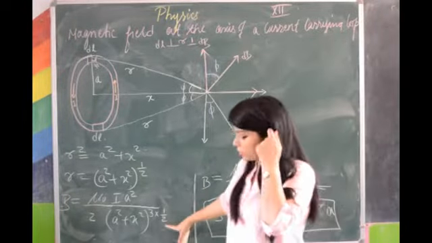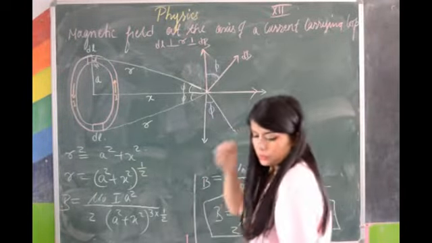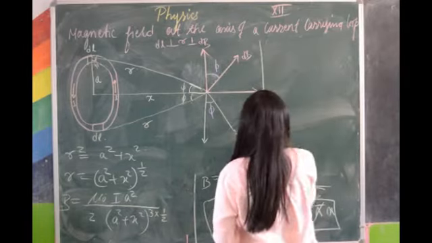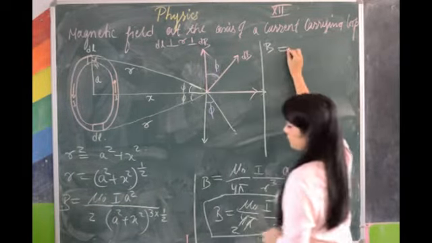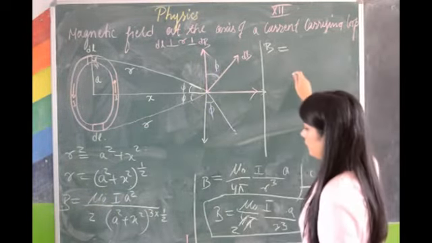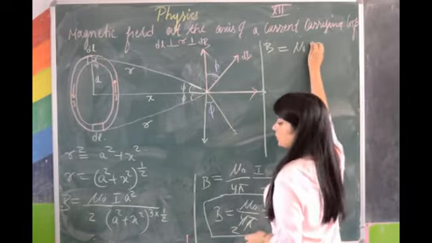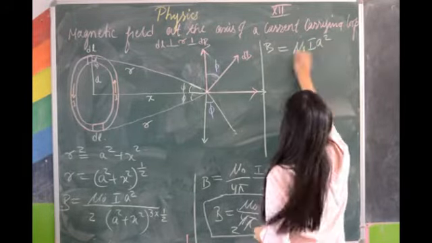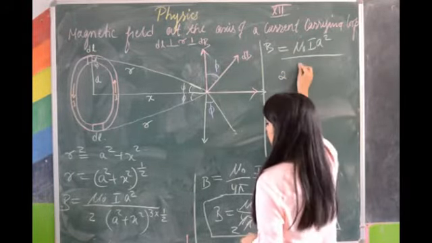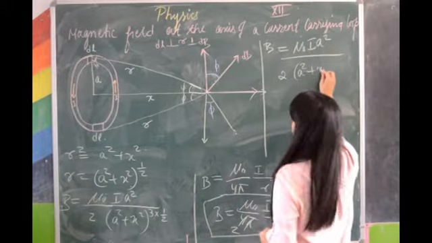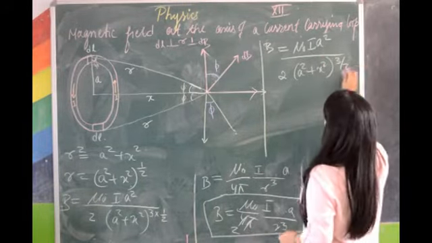Now let us solve this part. So your B becomes mu naught I A square divided by 2 into A square plus X square to the power 3 by 2.